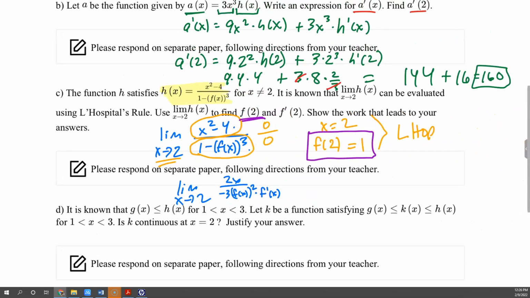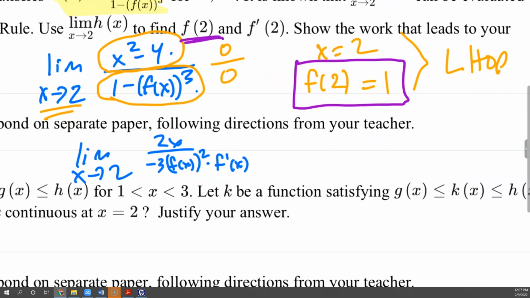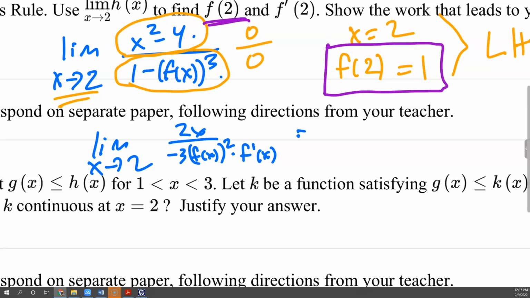Now, it can be evaluated, but does it tell me what it evaluates to? No. Fine, I'm just going to go with it. Okay, x is 2. So this is going to be 2 times 2 on the top, so that'll be 4. Negative 3 times f of 2 squared, and then f prime of 2.